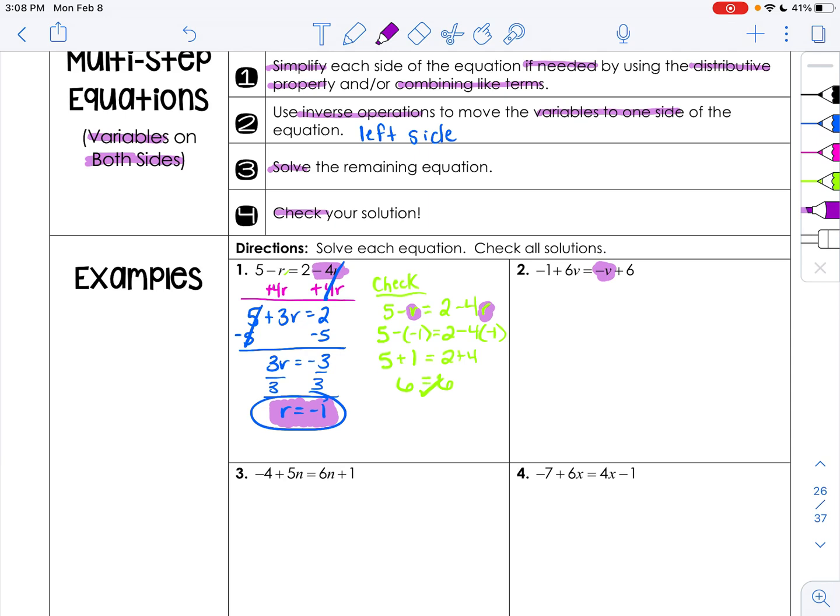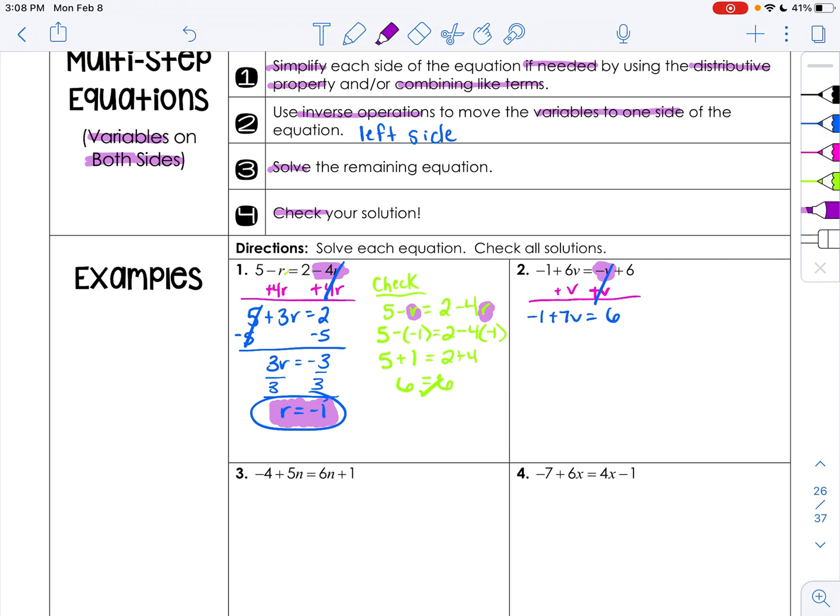We do that by doing the inverse operation. So we're going to add v to both sides, making sure we're lining that up with the like term. That would give me negative 1 plus 7v equals 6. Because 6v plus v is 7v, and negative v plus v cancels out.